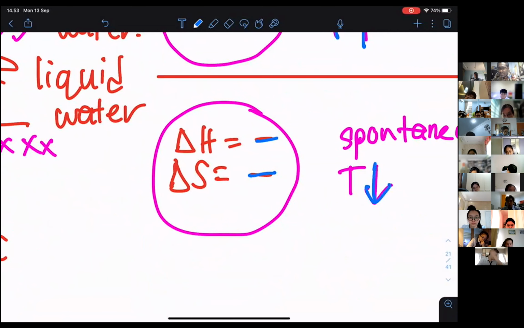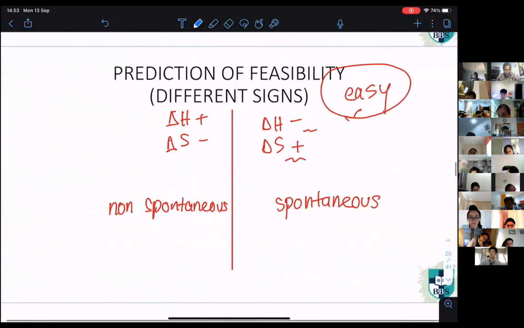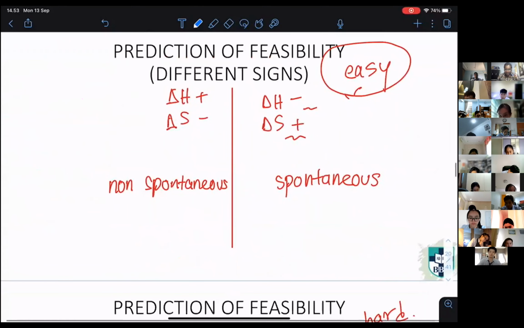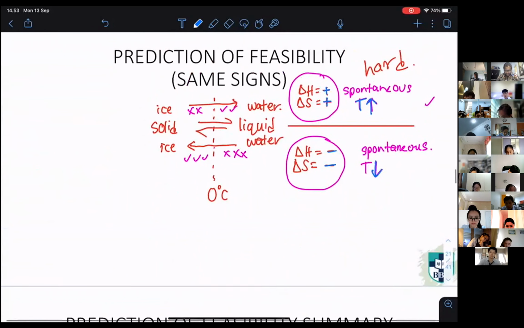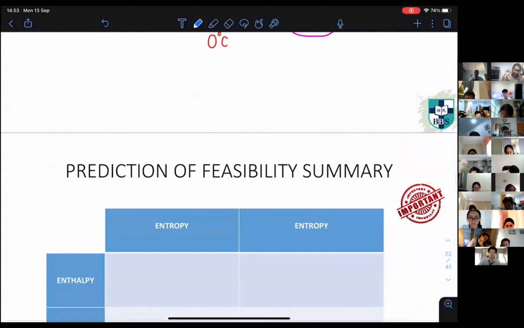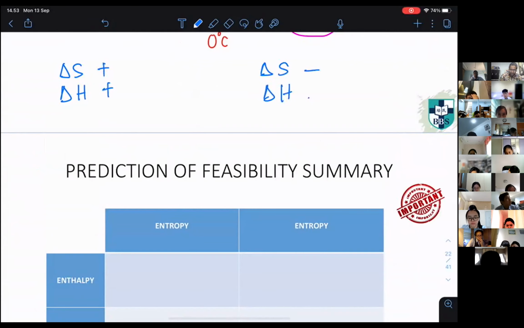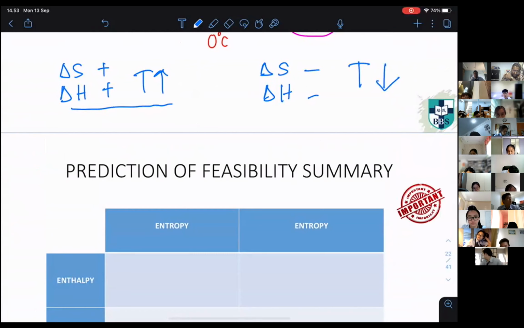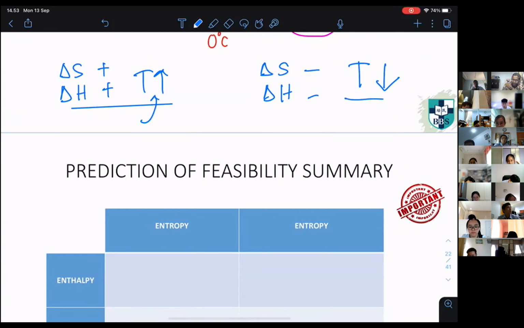If I want to predict, if my delta S and delta H are positive, positive, the reaction is going to be spontaneous under high temperature. Negative, negative, think negative, this reaction is going to be spontaneous at lower temperature.